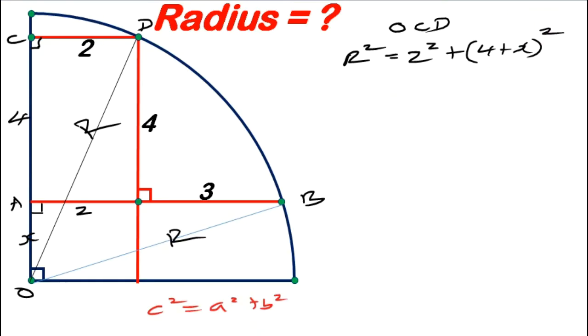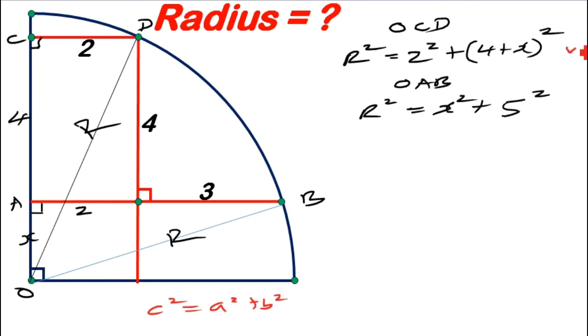Then again, if you take triangle OAB, it is also a right angle triangle, and you can see the radius is the hypotenuse. So there again, R squared equals one of the sides, X, so X squared, plus the other side from A to B, which is 2 plus 3, 5, plus 5 squared.